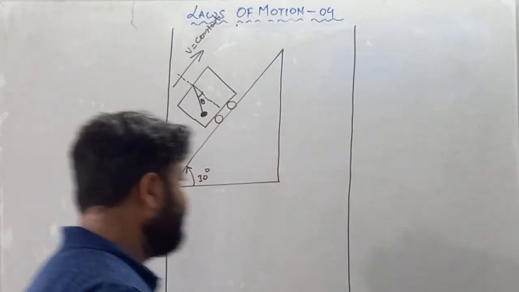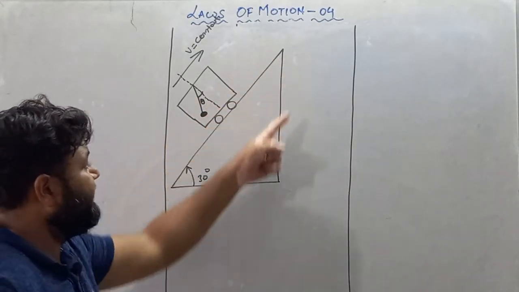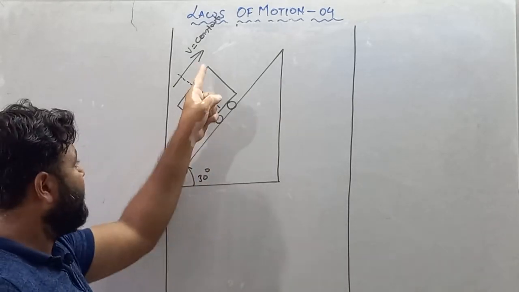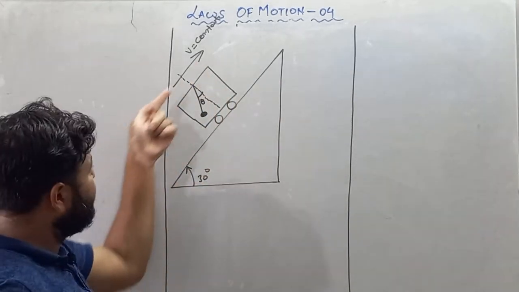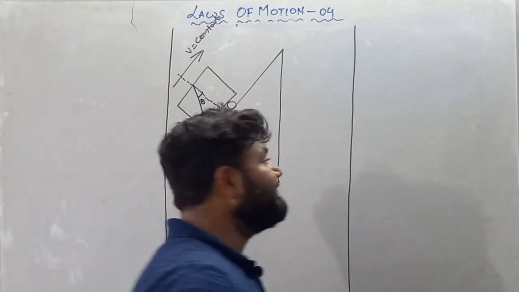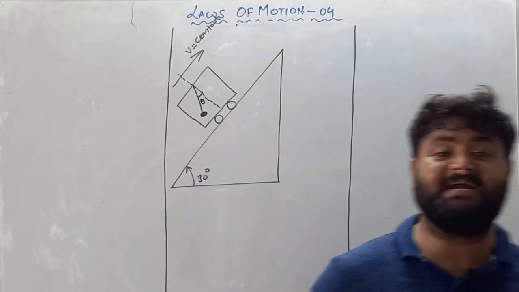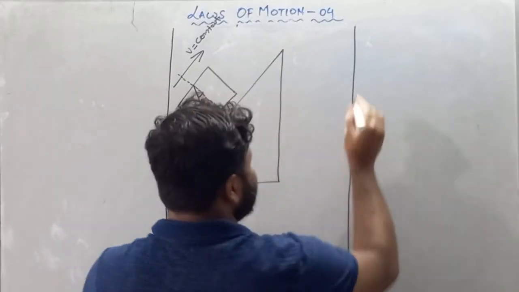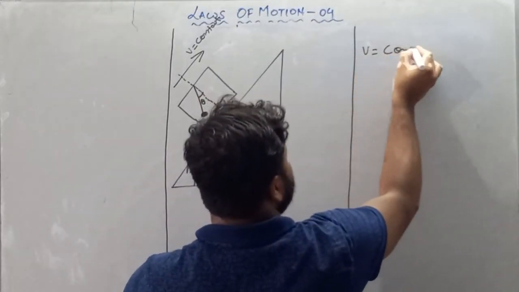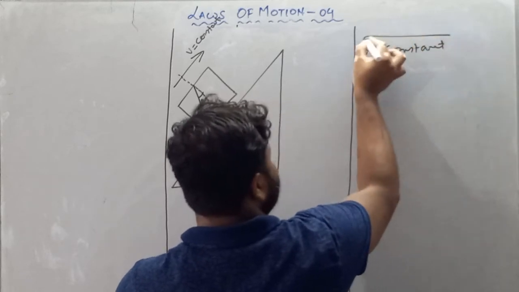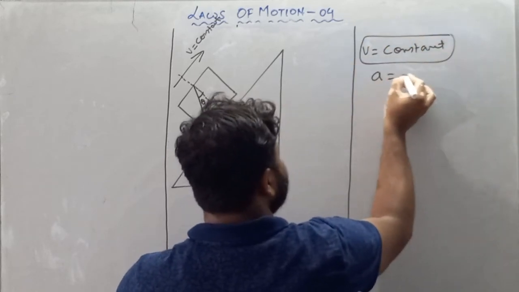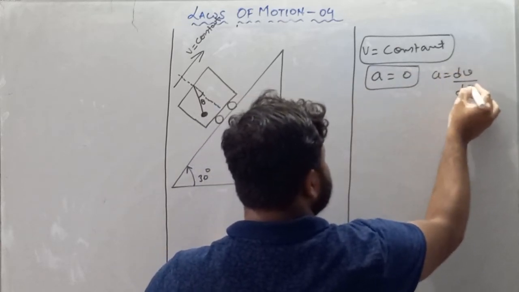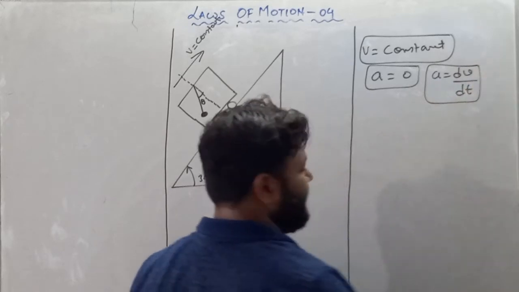See, my dear student, the question is, we have an inclined plane whose angle of inclination is 30 degree. A bus is there which is moving with constant velocity. Now see, this is very important to understand what is the meaning of constant velocity. If velocity is constant, it implies acceleration is zero, because acceleration is nothing but change in velocity with respect to time.